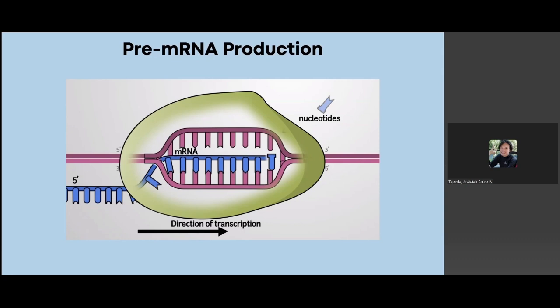Nucleotides are added one by one by the RNA polymerase using the base pair rule. This occurs in the 5' to 3' direction and produces a copy of the coding strand. However, the thymine will be replaced with uracil. This process will continue until the termination sequence is encountered, which will release the newly made mRNA that will undergo further processing. So next slide, please.